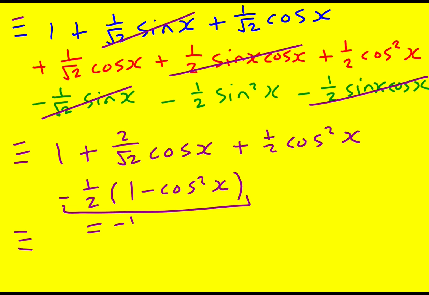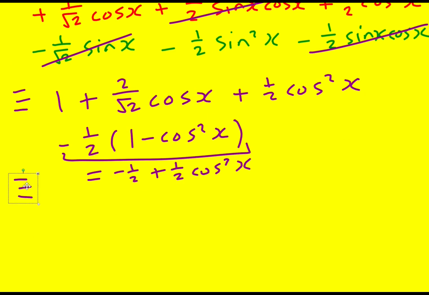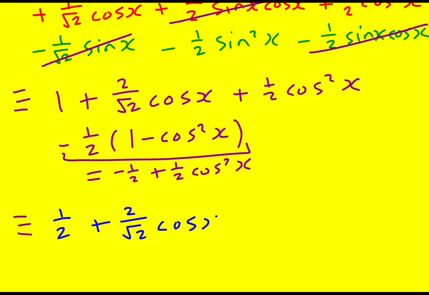That is actually going to equal minus a half plus a half cos squared x. So I'm going to get 1 minus a half, that's a half, plus 2 over root 2 cos x plus cos squared x when I bring the half cos squared x and the half cos squared x together.